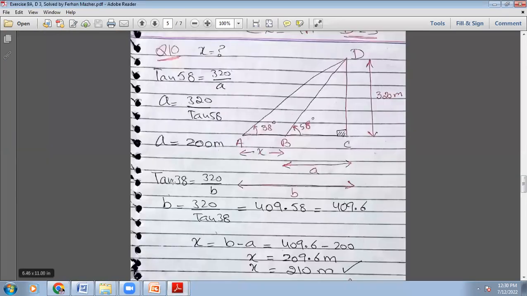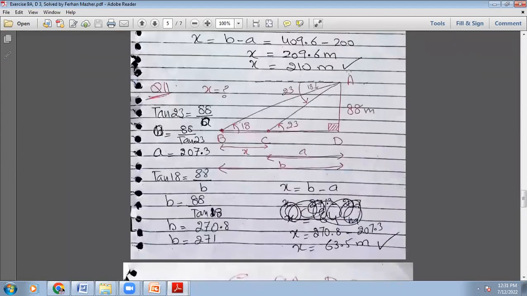Okay, so there is a cliff which is 88 meters high, and there are two boats, B and C. I just named them. The angle of elevation of this boat is 23, and of this boat is 18. Actually, they have told us the angles of depression, and the angle of depression and the angle of elevation are equal. So this diagram is very important.